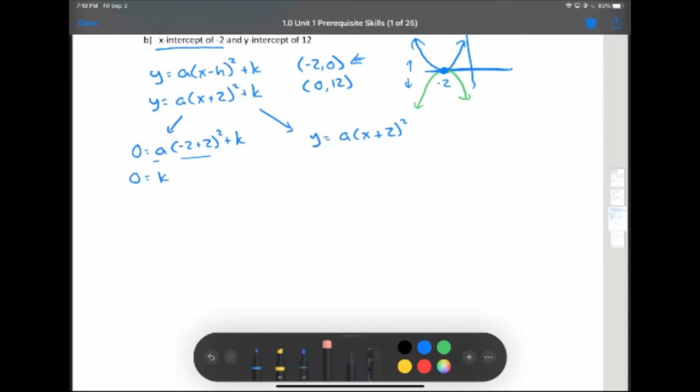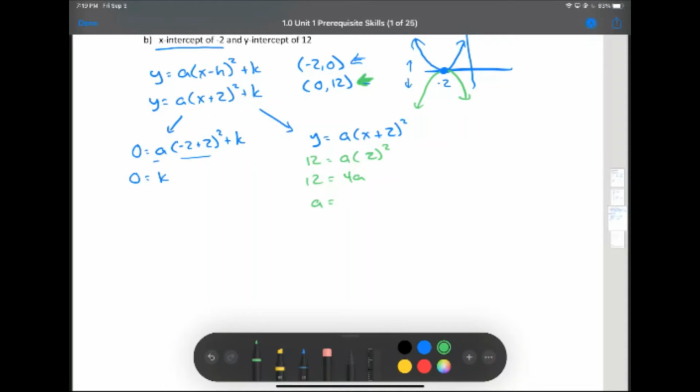If I plug in this point here, I meant to make that in green, then what I can do is get y is 12 when x is 0. 12 equals 4a.